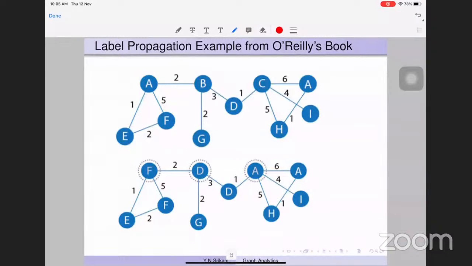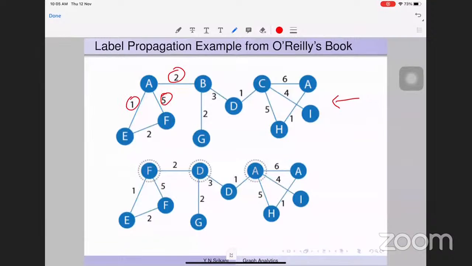So let us say there is a graph of this kind, and let me explain the label propagation. The labels are all the letters written inside the nodes, A, B, C, D, etc. And there are also some weights attached to the edges. Please note these.